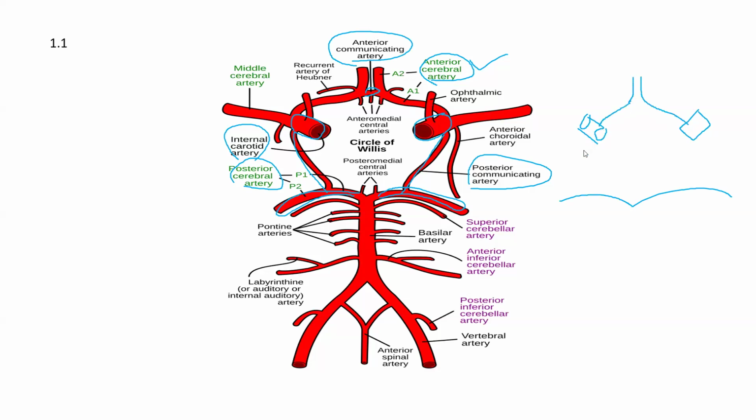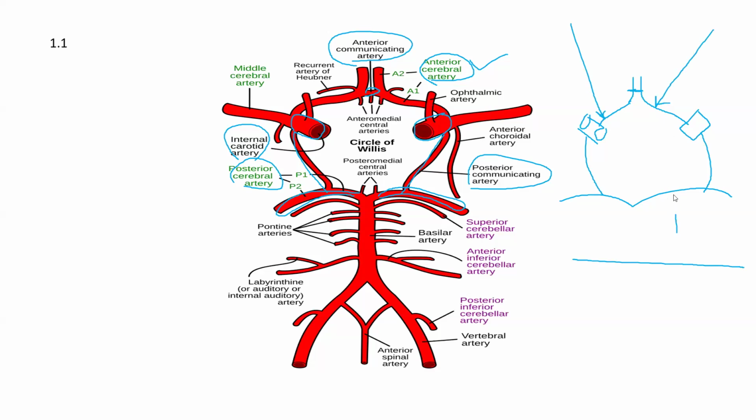Then you can interconnect each and every structure by doing this. This kind of simple diagram is enough to get full marks. Then what you have to write: this is the circle of Willis, underline it, and name the structures with simple arrows.